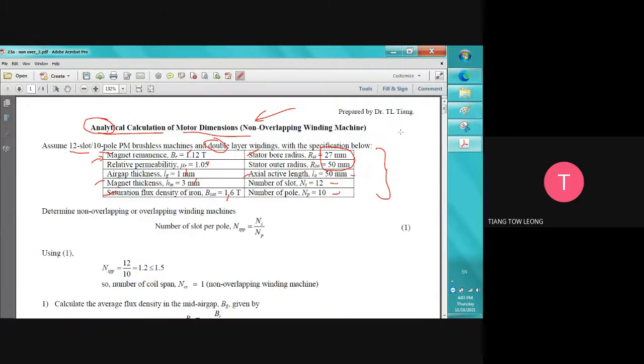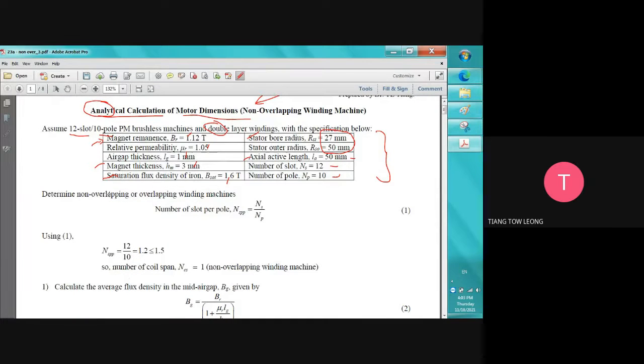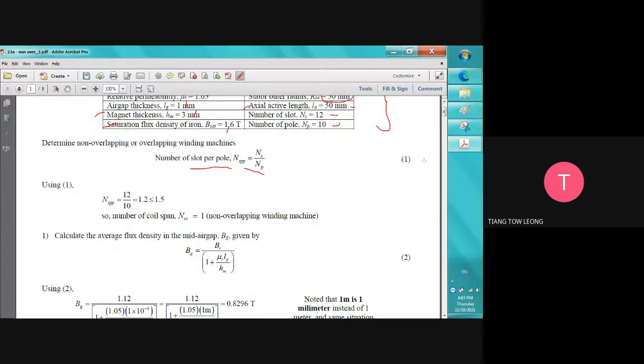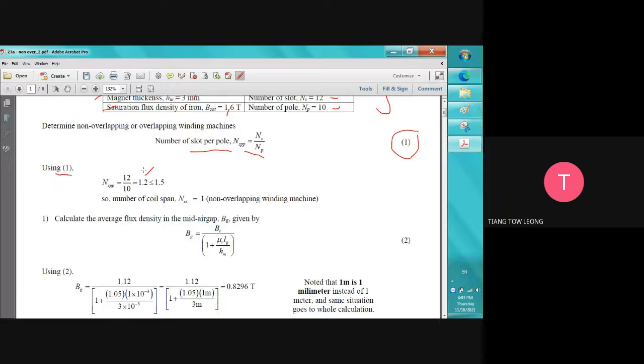Okay. And then, first of all, we need to know whether this type of motor is a non-overlapping or overlapping winding machine. Usually we start from the number of slots per pole, SPP, which is NS divided by NP. So 12 divided by 10 is 1.2. As long as it is less than or equal to 1.5, we choose the coil span of 1.